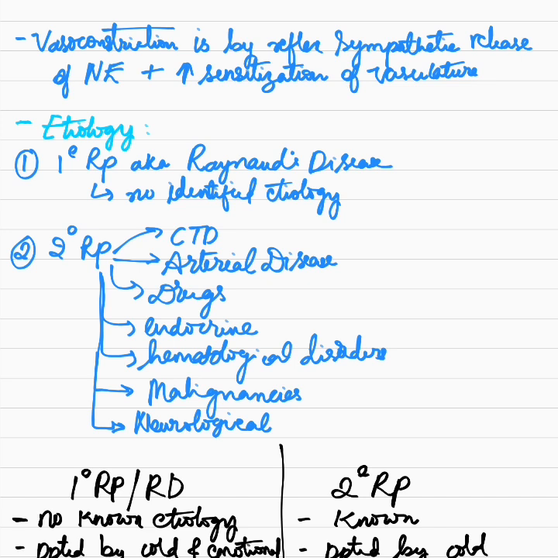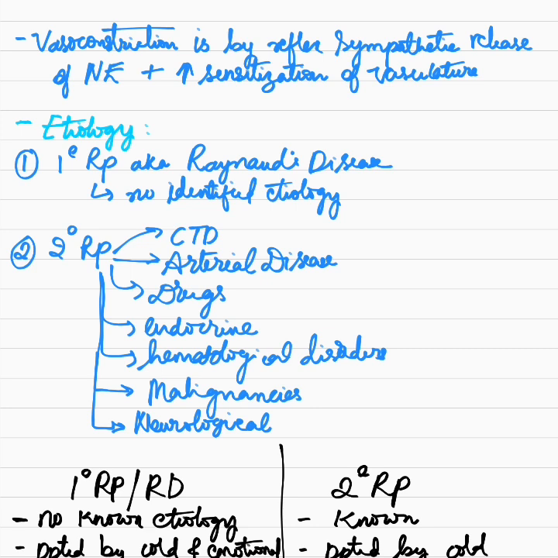It is associated with various factors such as connective tissue diseases such as systemic sclerosis, systemic lupus erythematosus and Sjogren's syndrome. It can be associated with arterial diseases such as thromboangiitis obliterans or any atheroma.